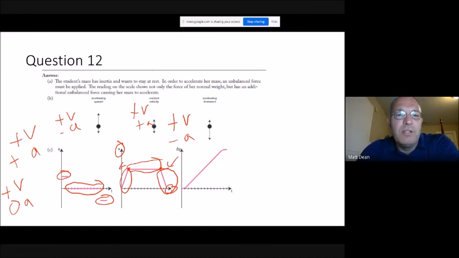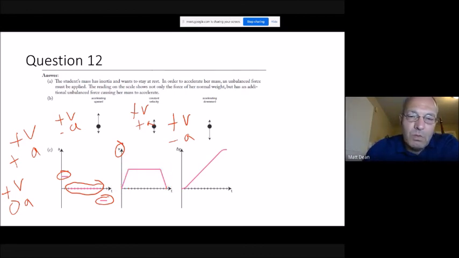Finally, we've got the position versus time graph. So remember that in position versus time, the slope represents velocity. Remember, in that first 2 seconds, he's accelerating. He has a positive velocity, and he's accelerating. And the way that we see acceleration in position time graphs is we see curves in our graph.